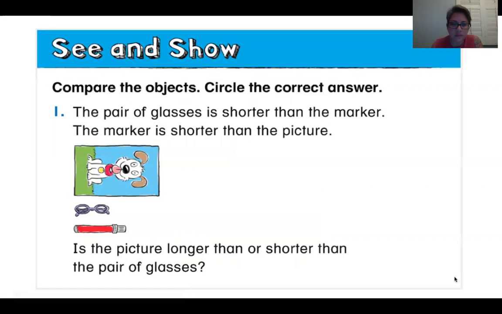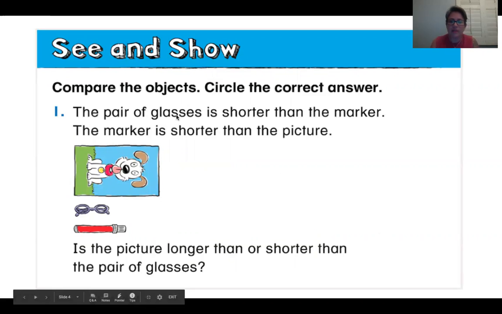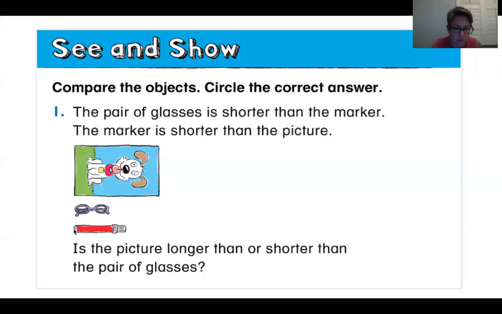Let's take a look. The pair of glasses is shorter than the marker. But the marker is shorter than the picture. Now, let's take a look at these. So if I were to draw a straight line here, that's where they all begin.